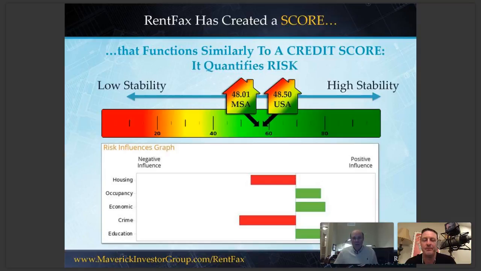Crime is interesting. You can have a fairly high risk number with a fairly high crime number on property crime, because higher end neighborhoods get the attention of more thieves. We weigh violent crime more heavily than property crime, because violent crime really will drive your tenants away if it's bad enough.